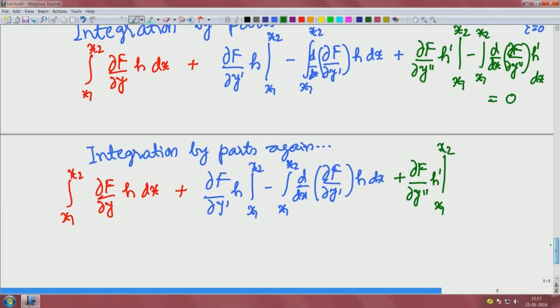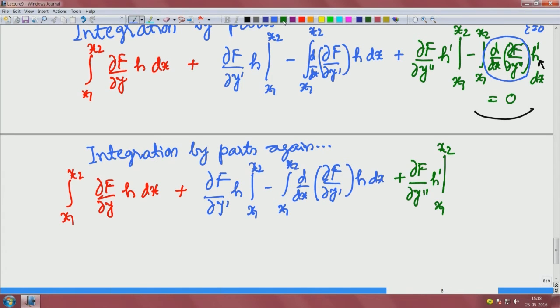What we will do, to get rid of this h prime, is integration by parts one more time. That gives us, now we take this one as the first function.